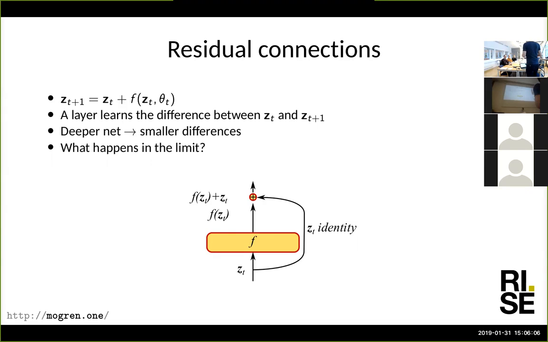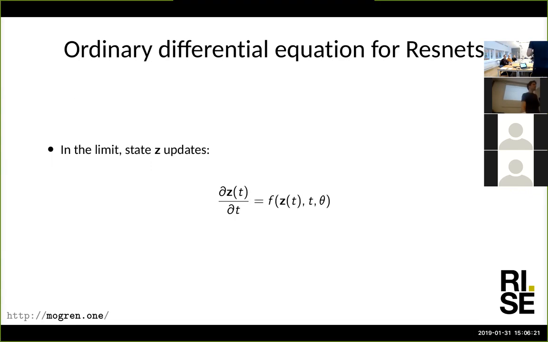Both are probably true, but it's still interesting to see what happens when we're really shrinking the step that we're doing at each layer. But in the limit, F becomes just the direction where we're going.